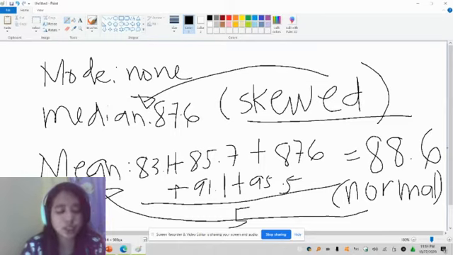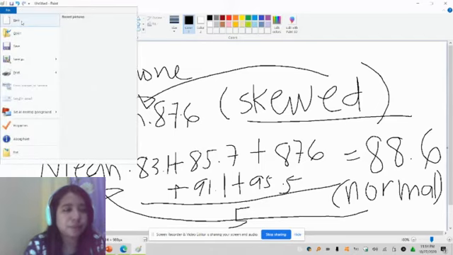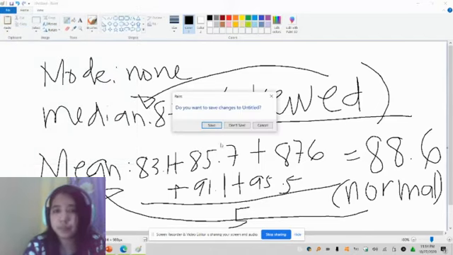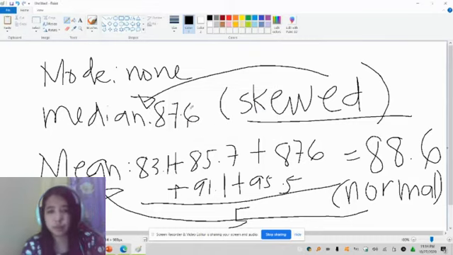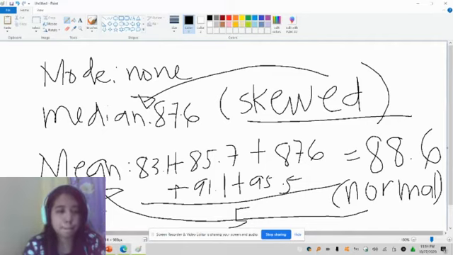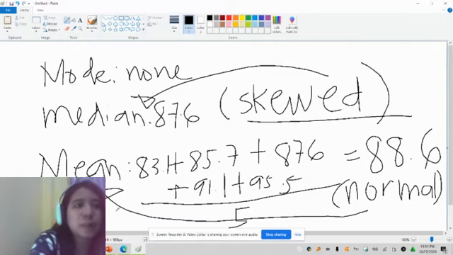But for the histogram, let us set aside our work. So how to determine if our data is normally distributed?